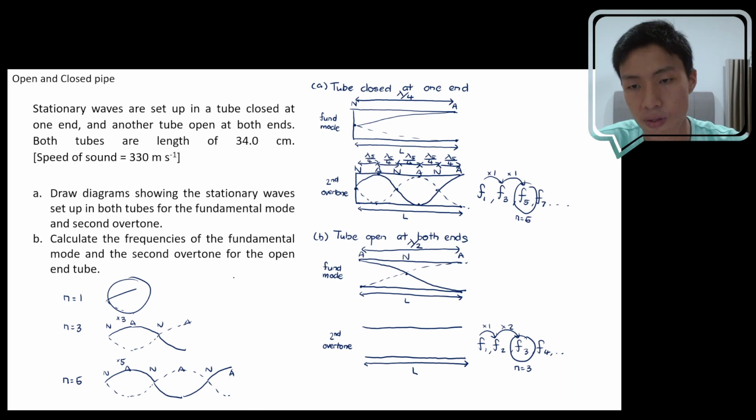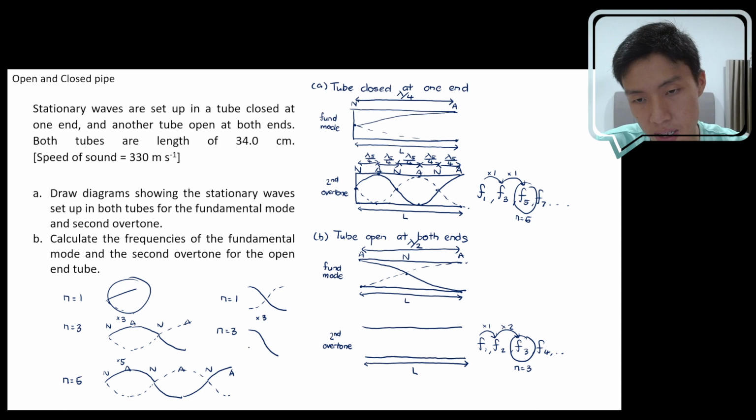So if N equal to 3, that means your fundamental pattern, which we already sketched just now, looks something like this. If N is equal to 3, this pattern should repeat 3 times. So it repeats once. The second time it repeats. The third time it repeats.